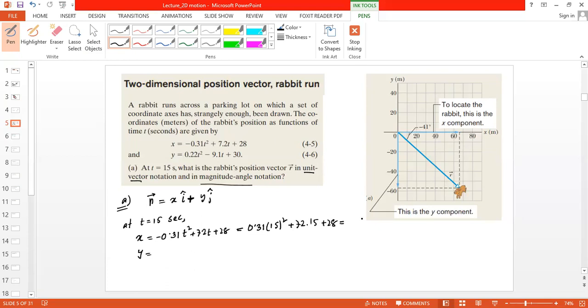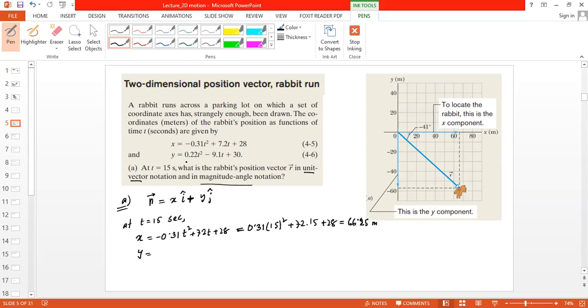Can you calculate this value for me, please? Anyone? 66.5. 66.25. Okay, 66.25 meters.